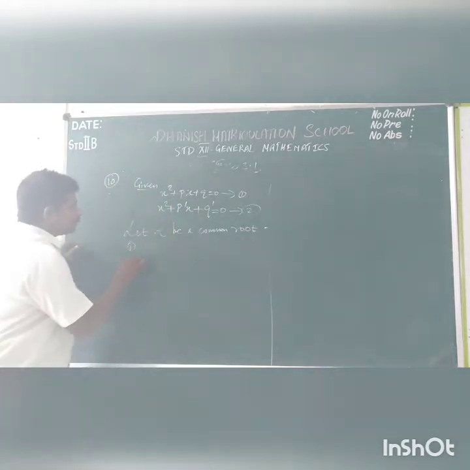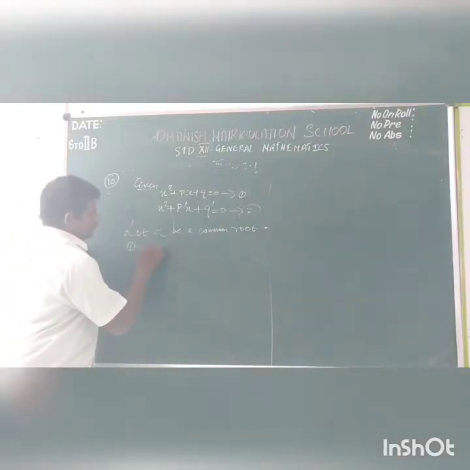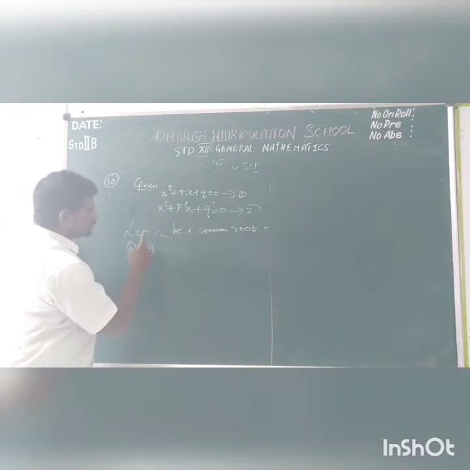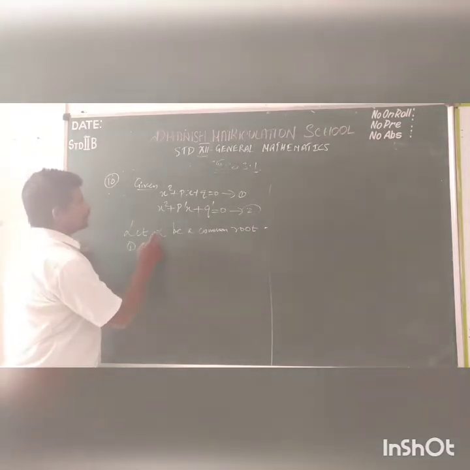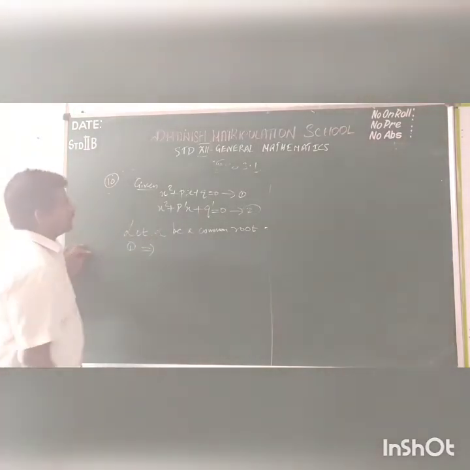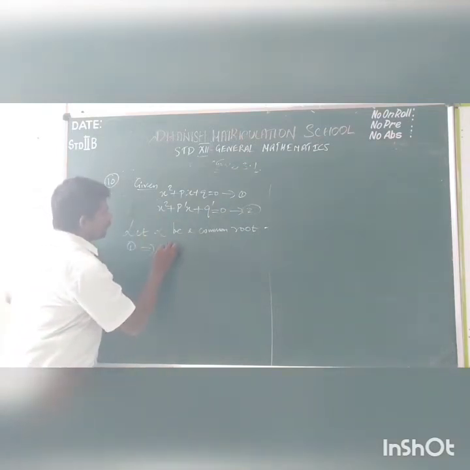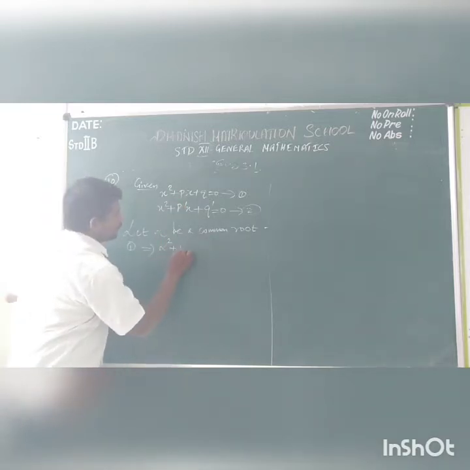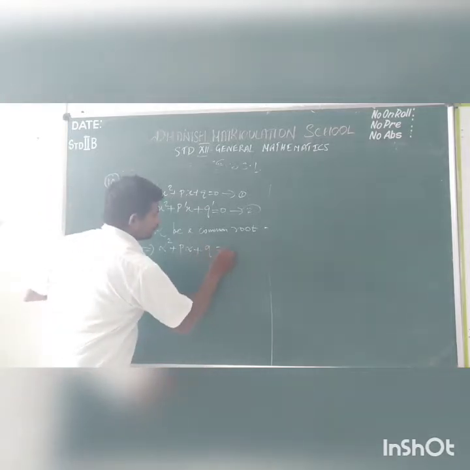Now I'm going to substitute x as alpha in equation number 1 as well as equation number 2. So equation 1 becomes alpha square plus p alpha plus q equal to 0.